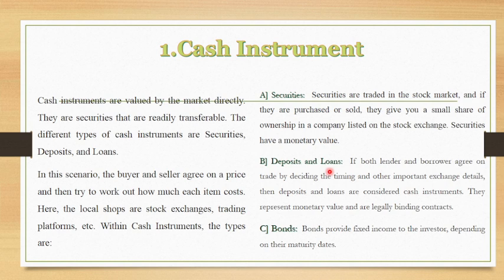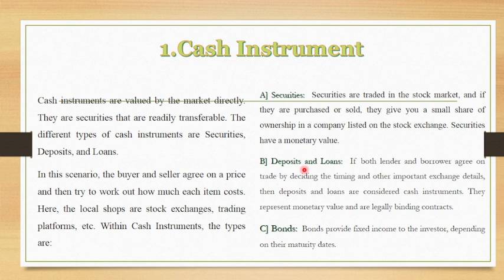If both the lender and the borrower agree on the trade by deciding the terms and the important exchange details, then deposits and loans are considered cash instruments. They represent monetary value and are legally binding contracts. So this is about deposits and loans.